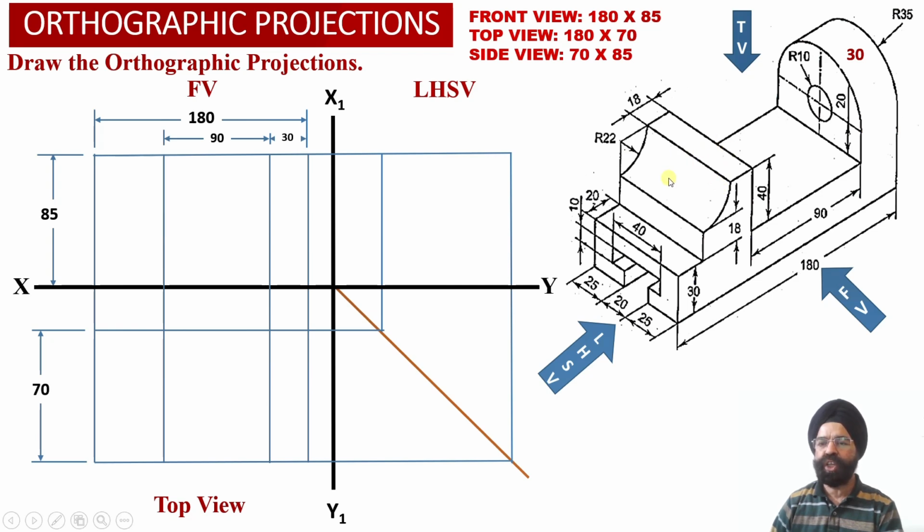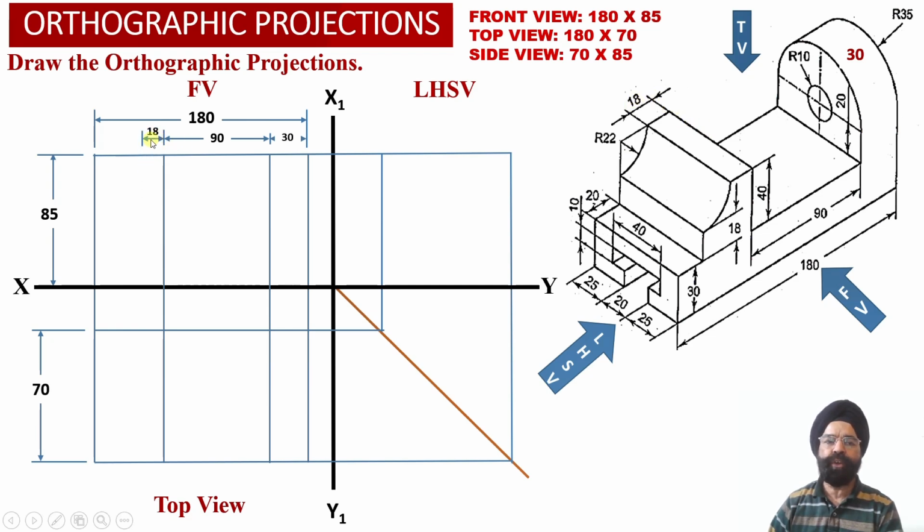Now we know that corresponding to element number 2, we have got two segments. The first segment is the horizontal rectangular surface at the top over here, and the width of this rectangular top surface of element number 2 happens to be 18 millimeter.